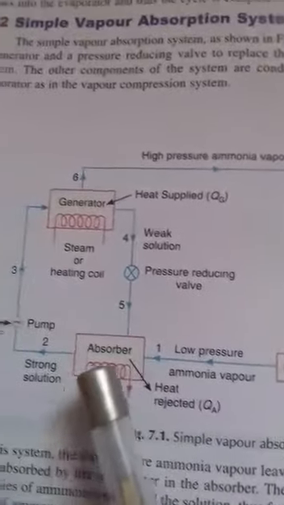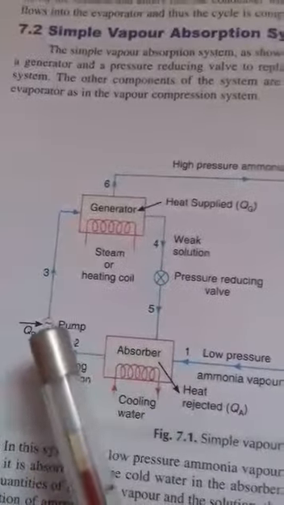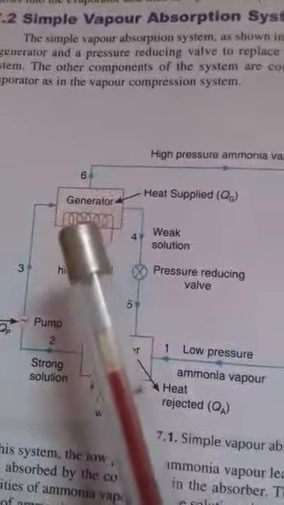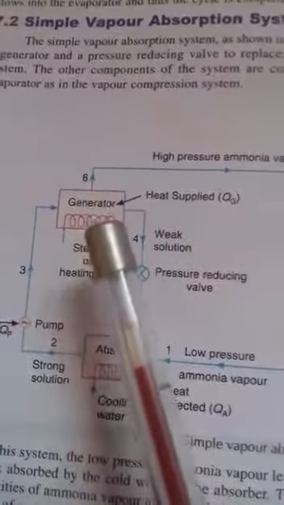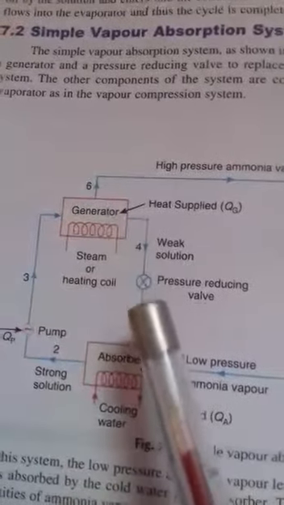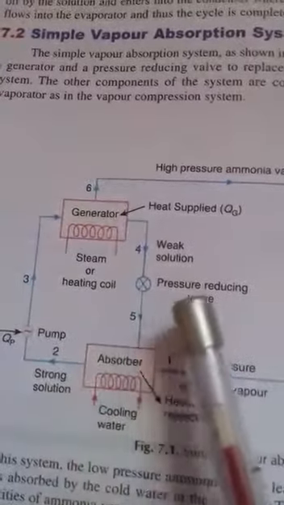This ammonia moves up in the gaseous form. It is at high pressure because it is coming from the generator. The generator maintains a higher pressure than the absorber. So this ammonia moves up and comes to the condenser.